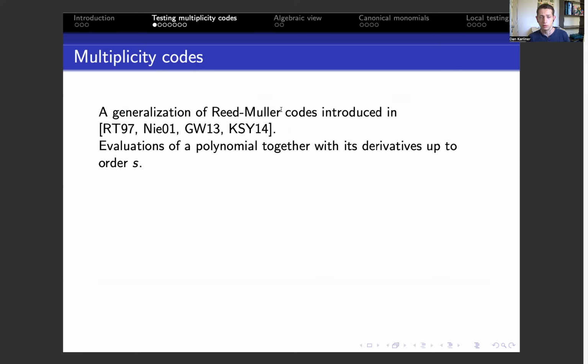So what are multiplicity codes? These are generalizations of Reed-Muller codes that include not only the value of a polynomial, but also the value of its low-order derivatives, where the order is taken up to some parameter called s.